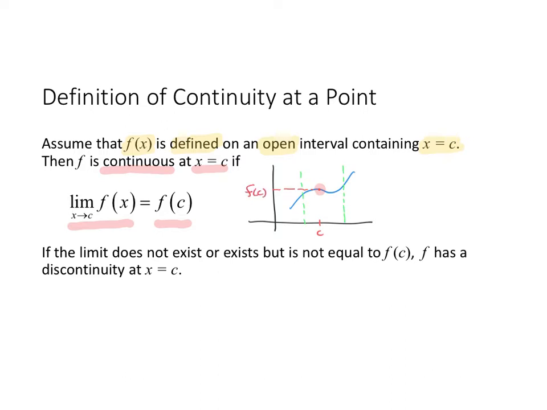The statement goes on to say where there would be a discontinuity if the limit doesn't exist or it exists but it's not equal to f of c, the cases we talked about before. So again, if the limit exists and it's equal to the function value, it's continuous at that point c.